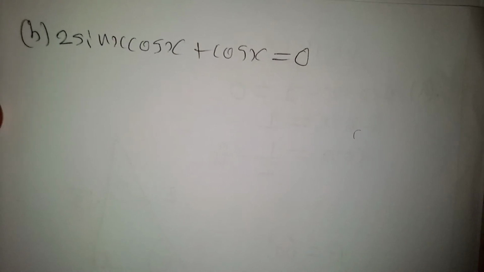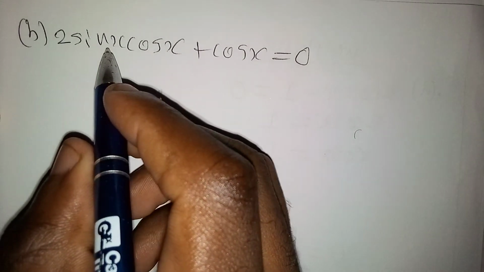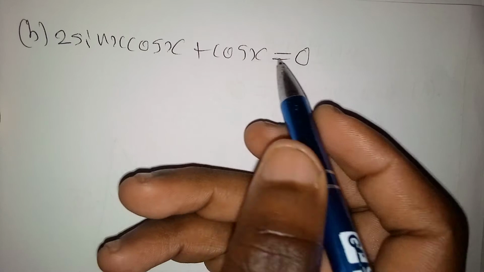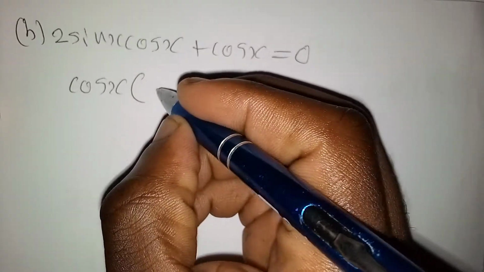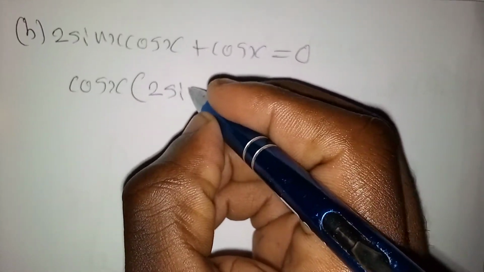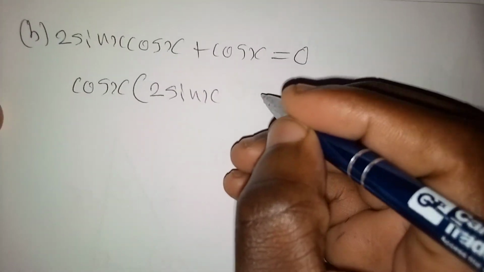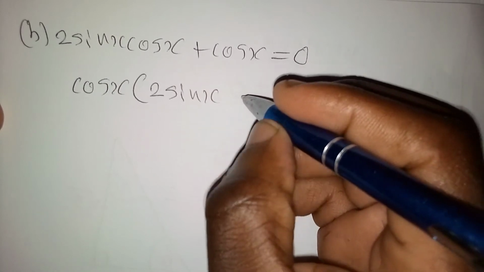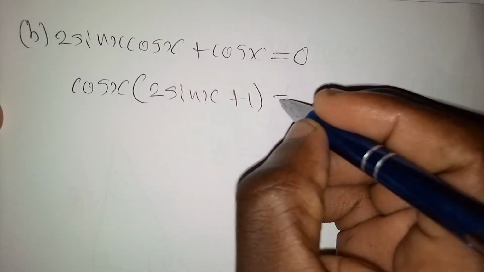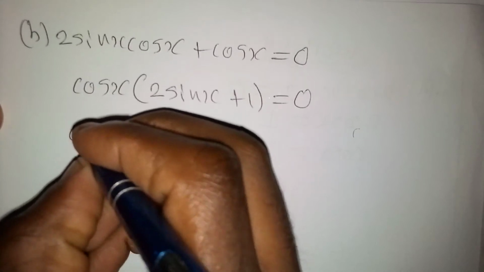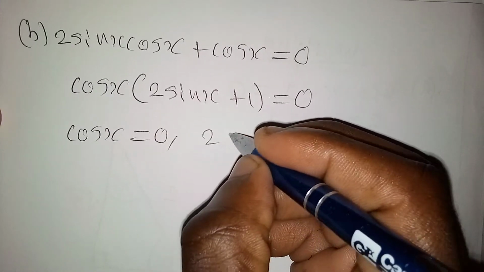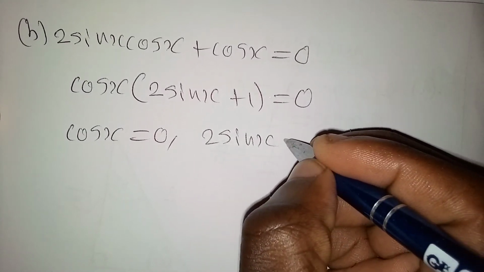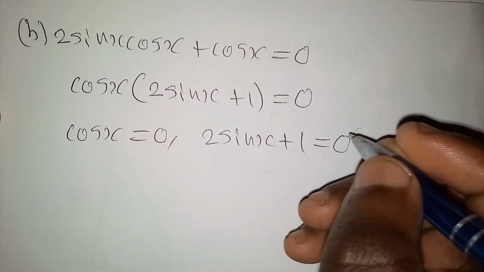Part B, we have 2 sine x multiplied by cos x plus cos x equal to 0. So we can just factor out cos x. We remain with 2 sine x plus 1 equal to 0, meaning that cos x is equal to 0, and 2 sine x plus 1 is equal to 0.